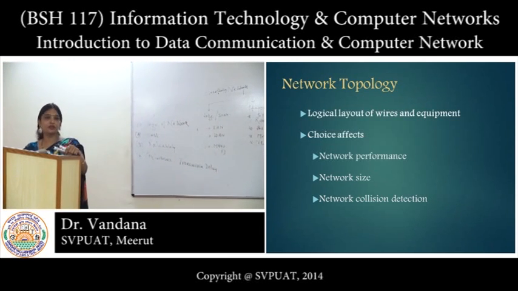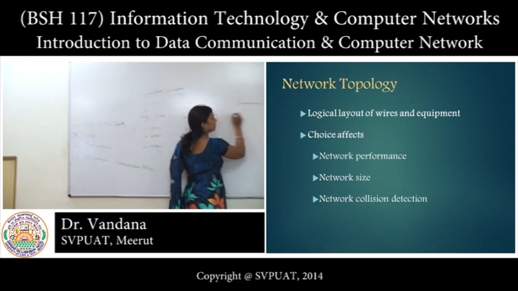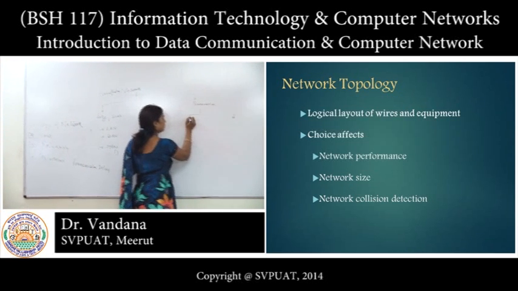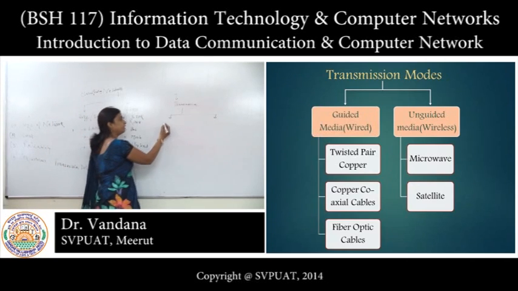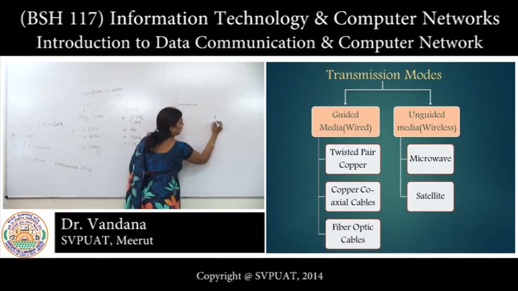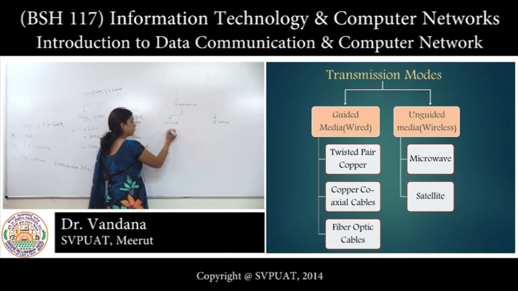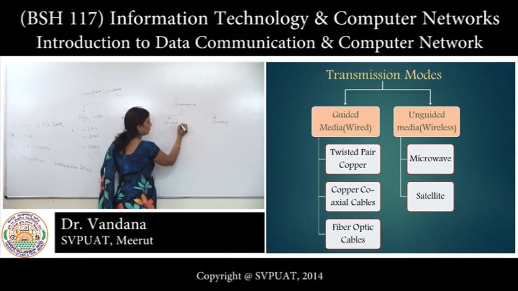After discussing the network based upon the topology which we are using, now let's know the classification of network based upon the transmission media. Based upon the transmission media, the network can be divided into two: wired network and wireless network. Obviously, we will take it separately, but let me write its different types.